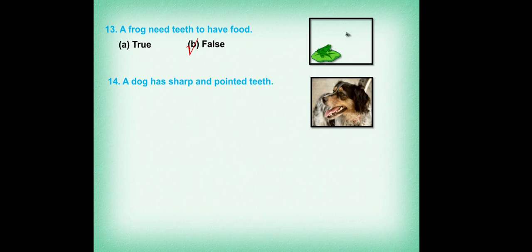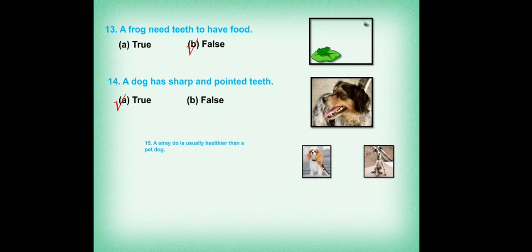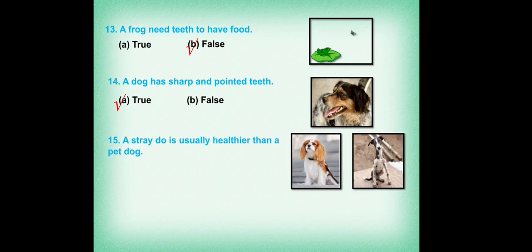Next, a dog has sharp and pointed teeth. True or false? Yes, a dog has sharp and pointed teeth to tear the flesh. It also eats flesh, right? So it is true. A stray dog is usually healthier than a pet dog.